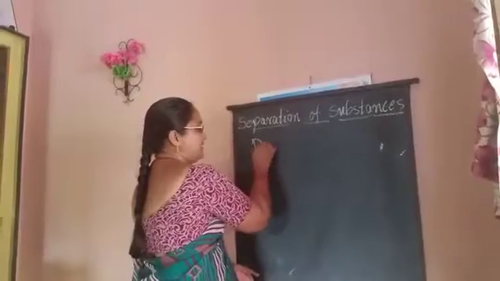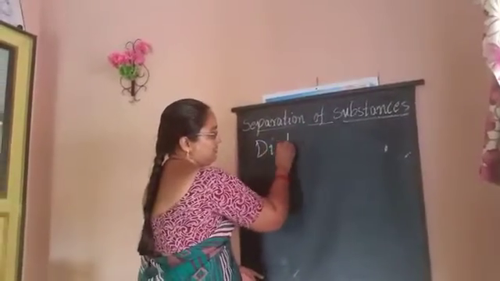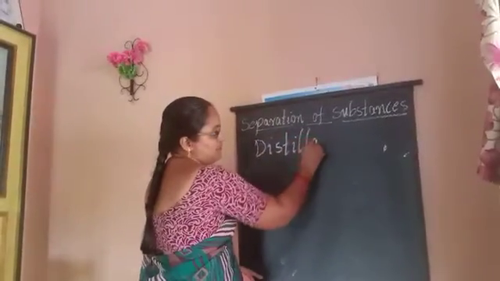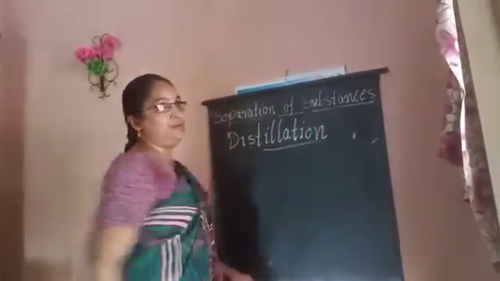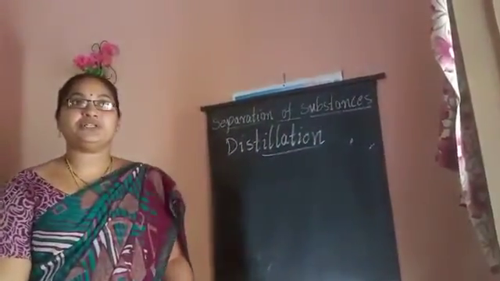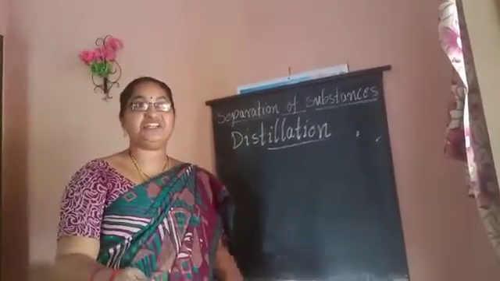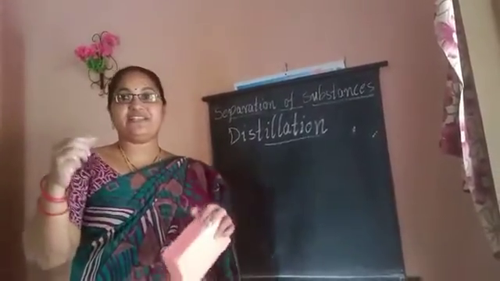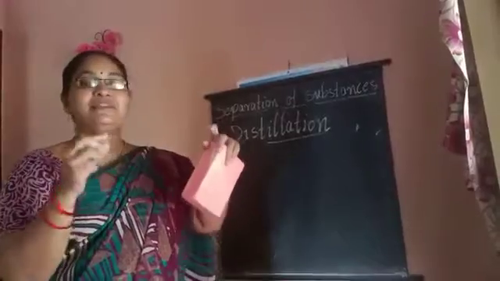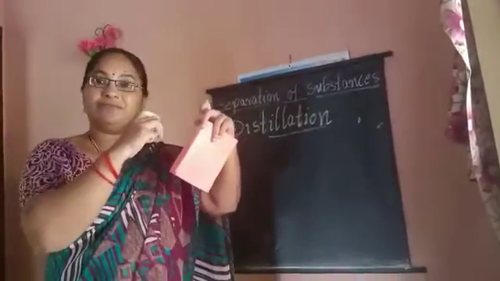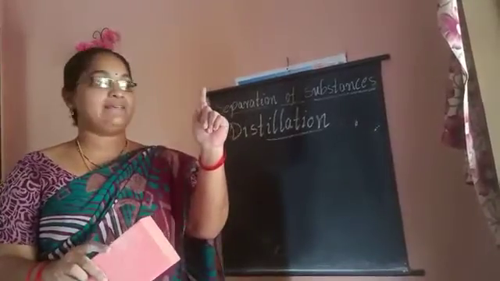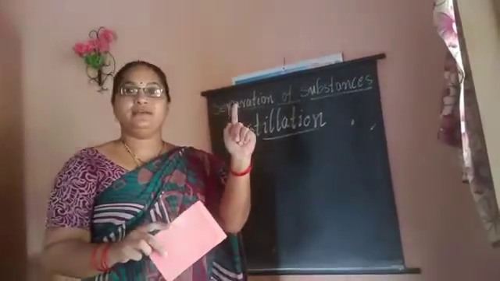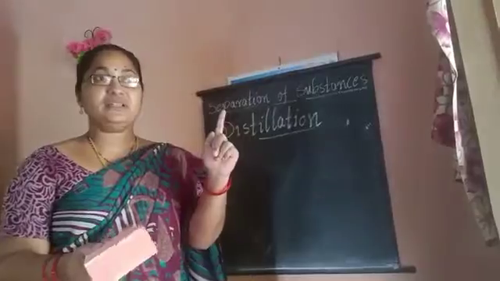Next one is distillation. If you observe the doctor while treating patients, when he is giving the injection, he will mix some powder with some water. There will be very small water bottles near that doctor.